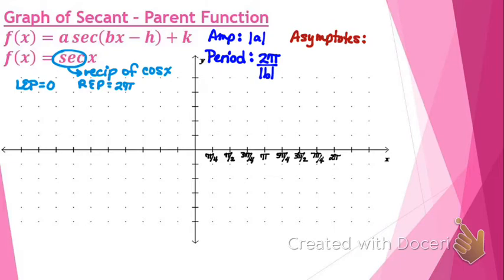So remember, we're going to do like our ghost of a cosine function in the background. It's not actually what I'm graphing, because that's not my secant graph. It's just helping me figure out where my asymptotes go. Where are my high points and my low points? So where's my first point going on here for my ghost of a cosine?